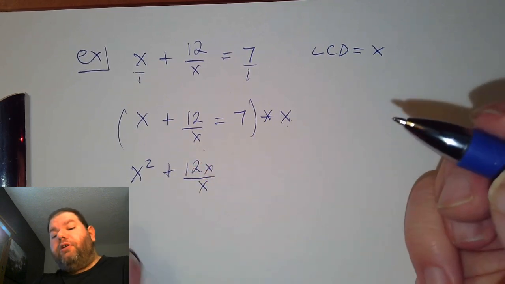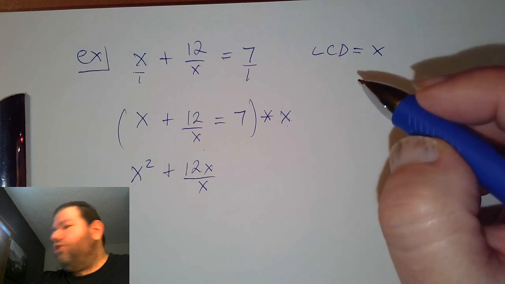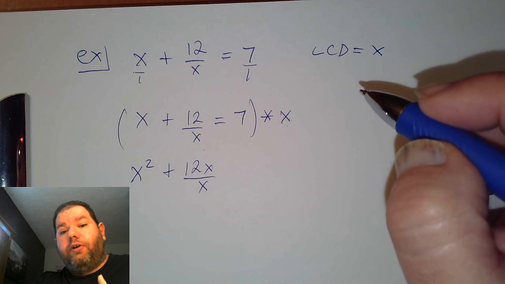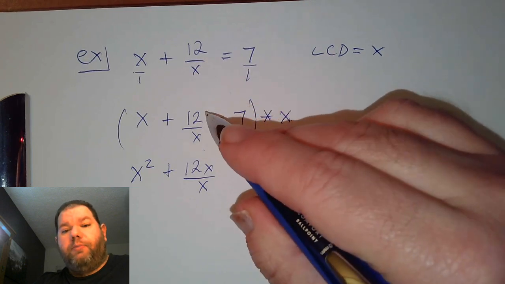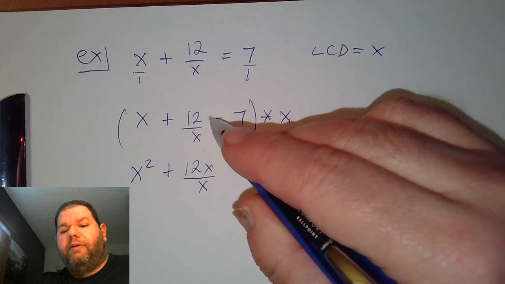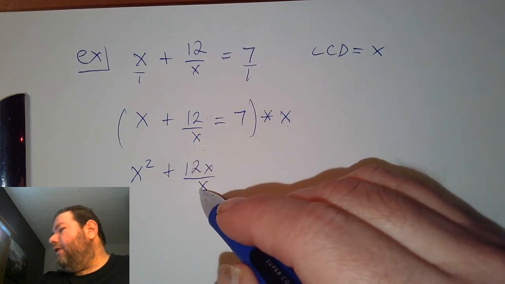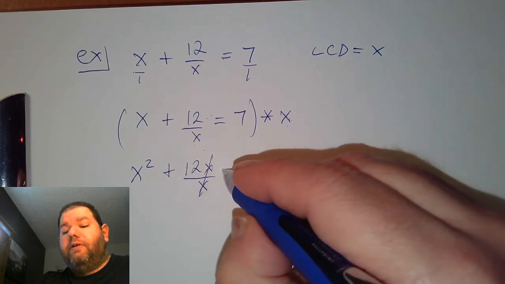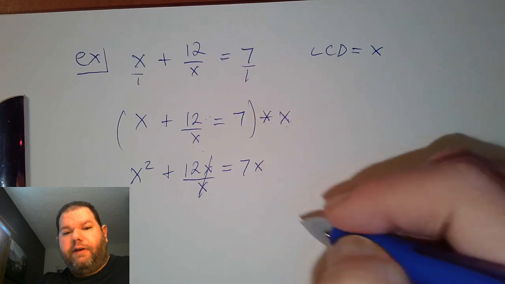That one's a little bit tricky because it involves knowledge of working with fractions. When we multiply by x, we're actually only multiplying the numerator by x. So there's 12x on top, and then the x on the bottom stays the same. So we can cancel those out. And then we still have 7 times x on the right hand side.